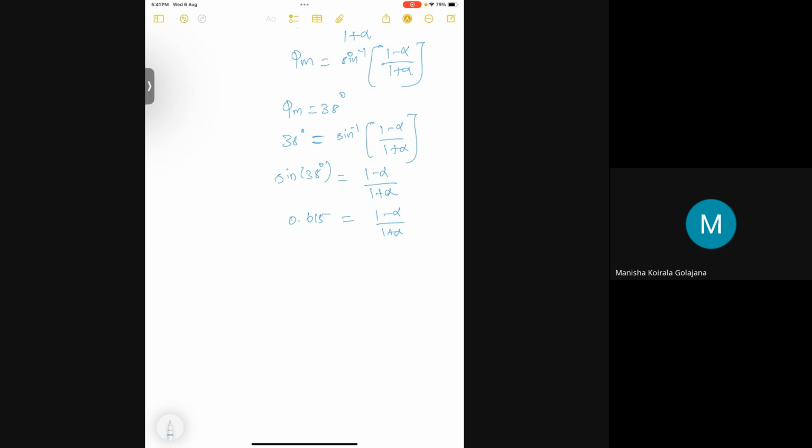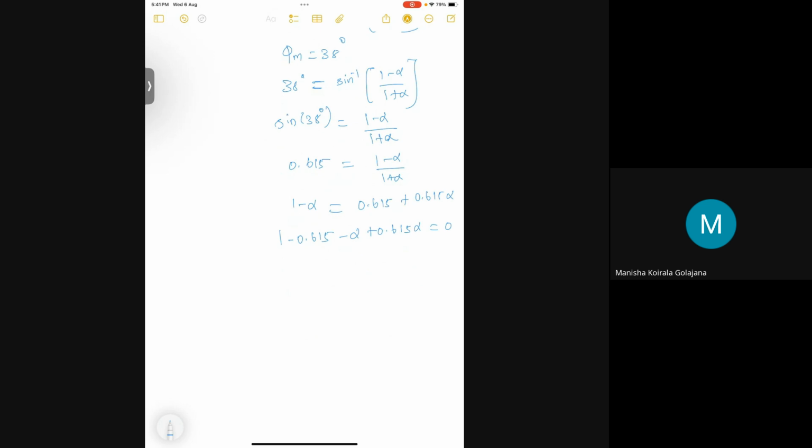This will give me 1 minus alpha equals 0.615 plus 0.615 alpha. So 1 minus 0.615 minus alpha minus 0.615 alpha equals 0.